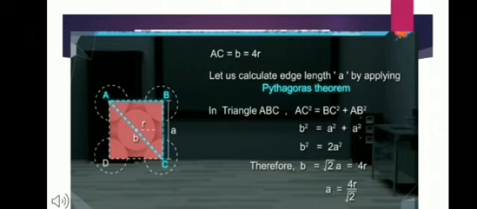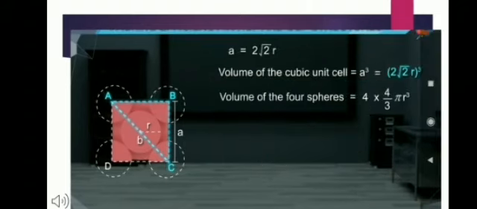Now this diagonal is b, so b square equals a square plus a square, so b square equals 2a square. Therefore b equals square root of 2 a, that will be equal to 4r. Now a will be equal to 4r upon square root of 2. Now a is equal to 2 square root of 2 r.